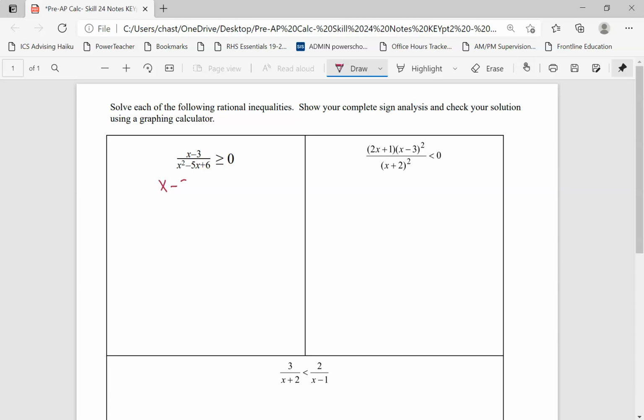So we're going to have x minus 3 on the top, and on the bottom, this will factor as x minus 3, x minus 2. Okay? And now when I look at this, I can see there is a hole at x minus 3. So we know that x minus 3 cannot equal 0.